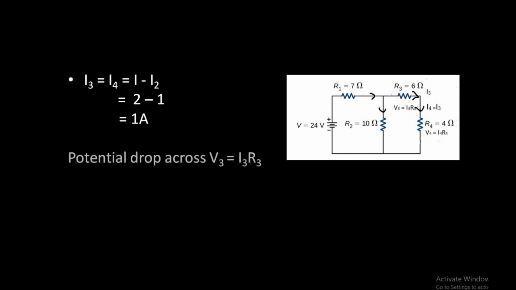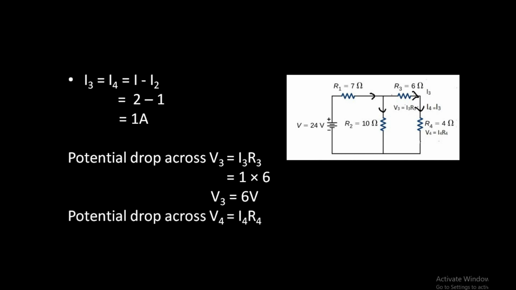Now the potential drop V3 is equal to I3 into R3. So I3 equals to 1 ampere and R3 equals to 6 ohm. So V3 equals to 6 volt. Now the potential drop across V4, that is I4 into R4, becomes 1 into 4, and finally we got V4 equals to 4 volt.